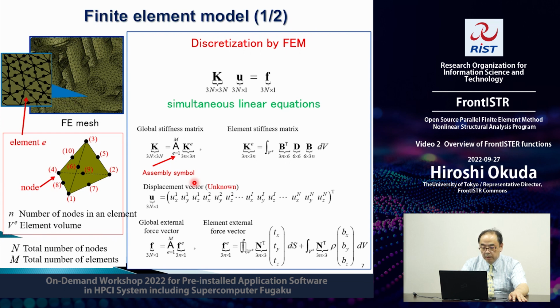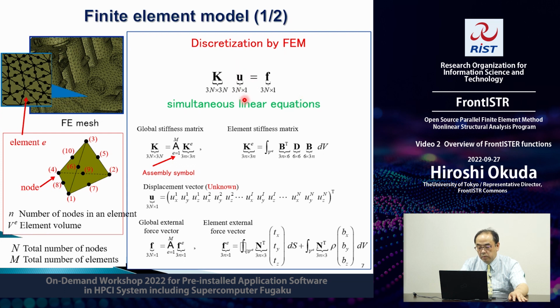and by doing so, we can obtain a very large-scale linear equation system like this. And actually, Ku equals F, this is the final linear equation system, which should be solved by the linear equation solvers. And please look at the size of the equation system.